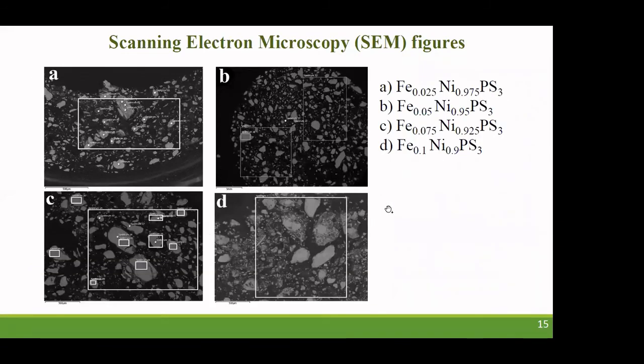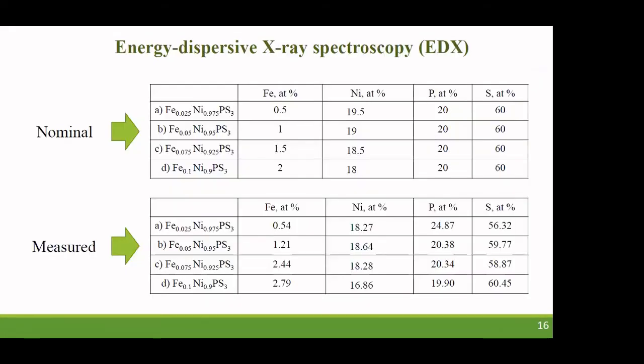Here is shown the picture which was made using scanning electron microscopy during EDX measurement. It was the powder sample of iron, nickel, phosphor, sulfur 3 with different amounts of iron. And here are presented the results after energy-dispersive X-ray spectroscopy.